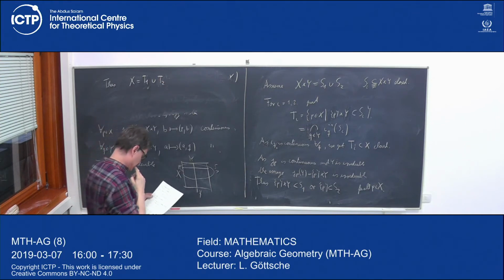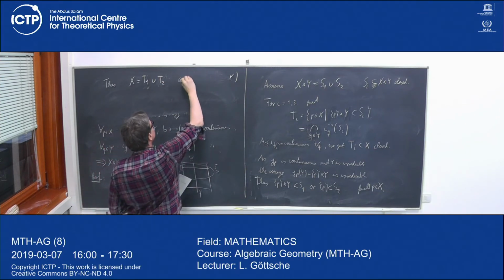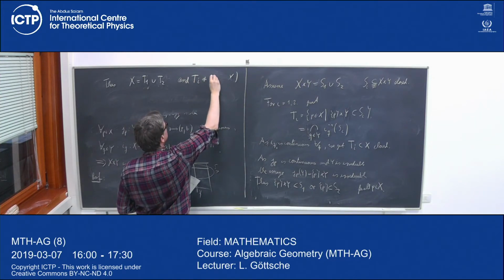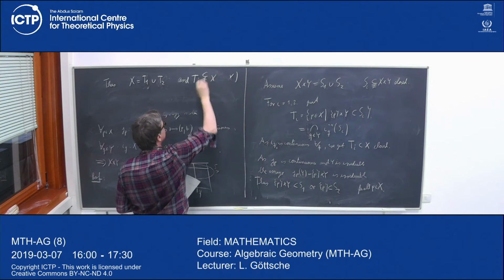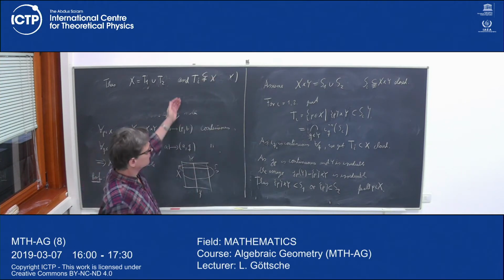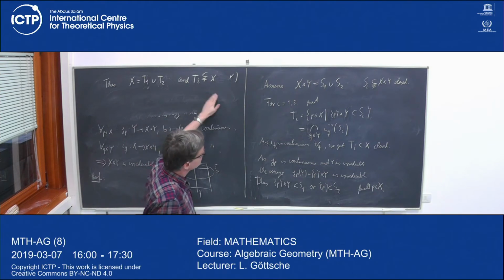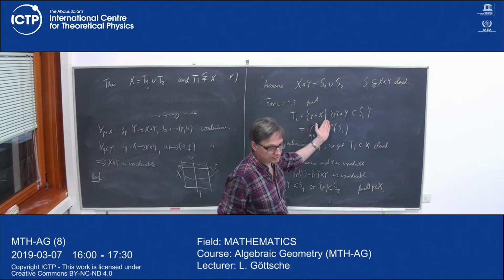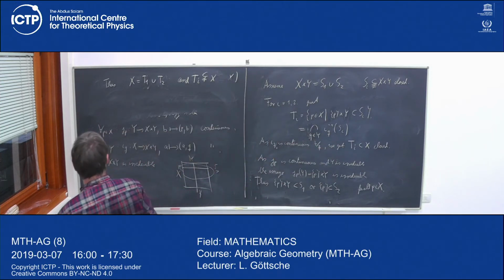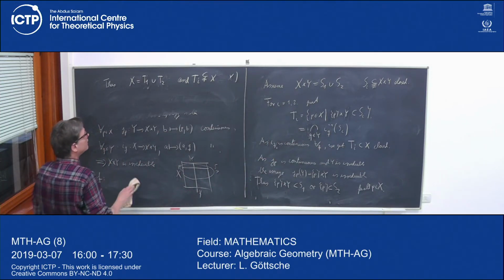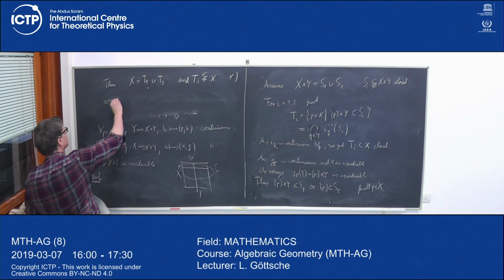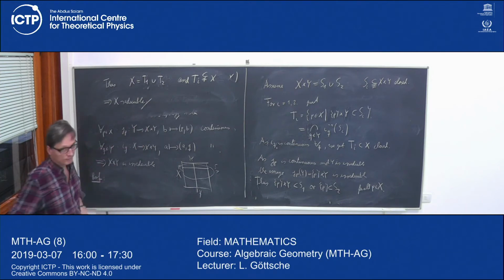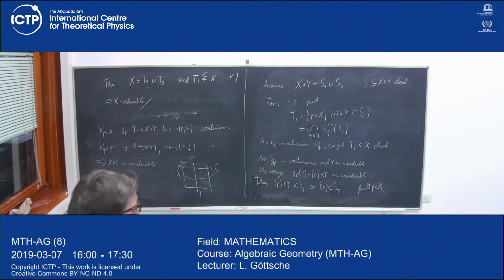And clearly, both Ti are not equal to X. Because otherwise, if Ti is equal to X, then by our definition of Ti, Si is equal to X times Y. Okay, so this gives us this argument.